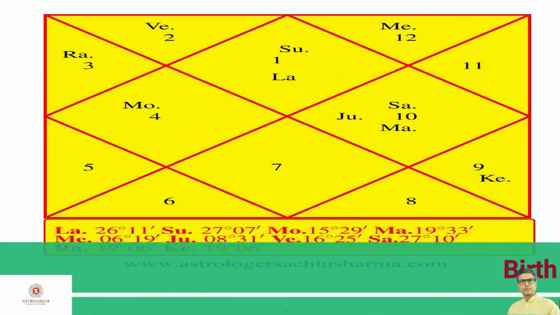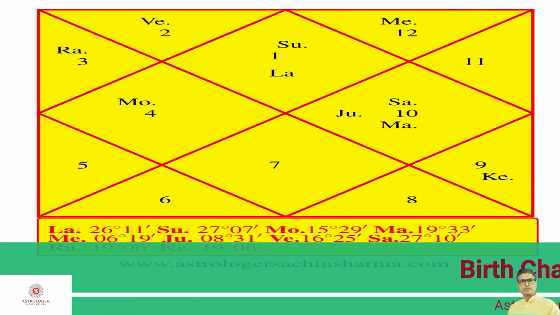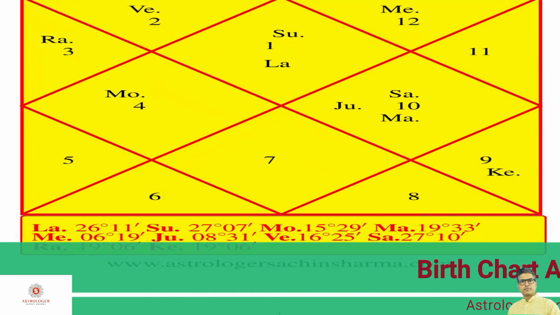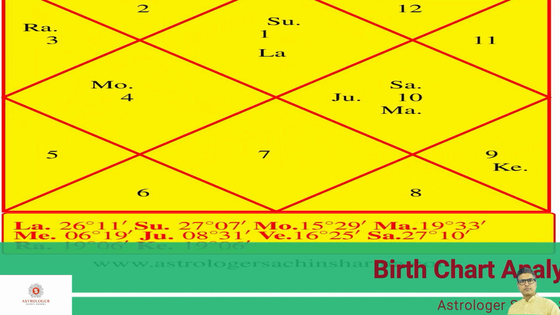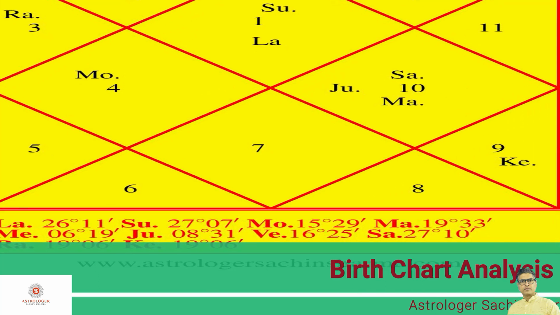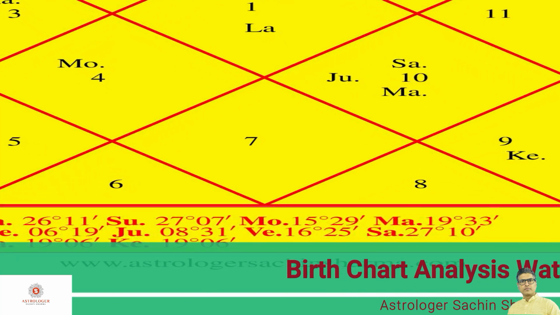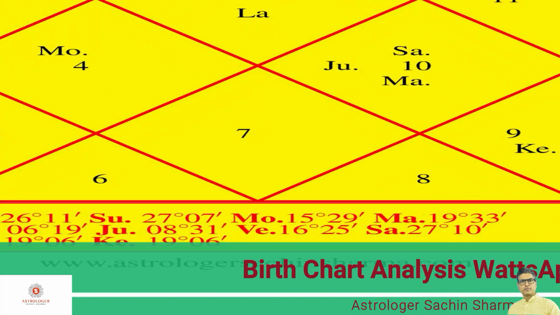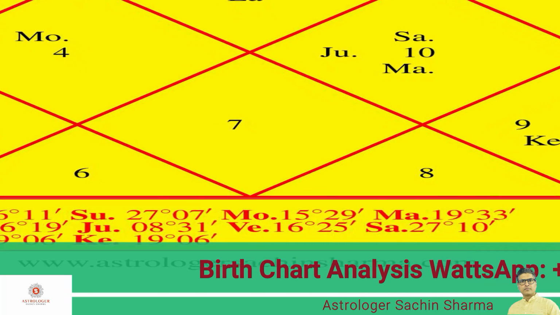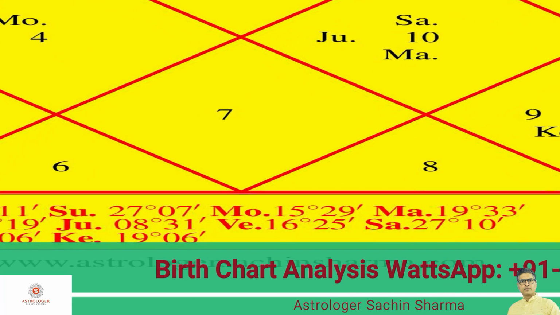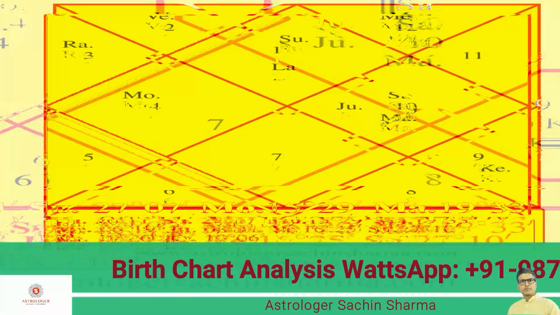Here SU stands for Sun, which is at the bottom of this birth chart in a rectangular box. MO stands for Moon, MA stands for Mars, ME stands for Mercury, JU stands for Jupiter, VE stands for Venus, SA stands for Saturn, RA stands for Rahu, KE stands for Ketu.